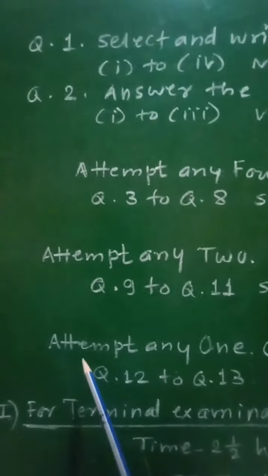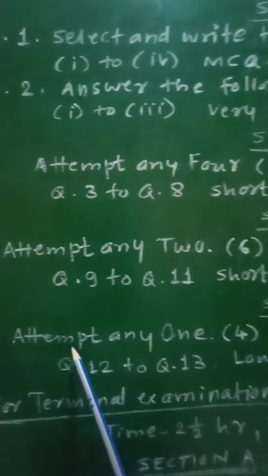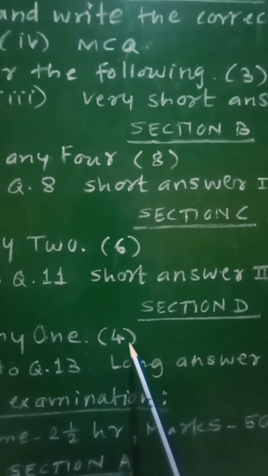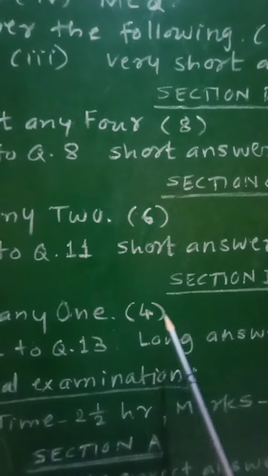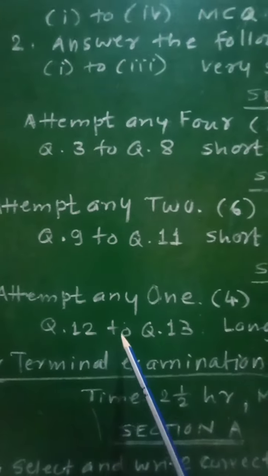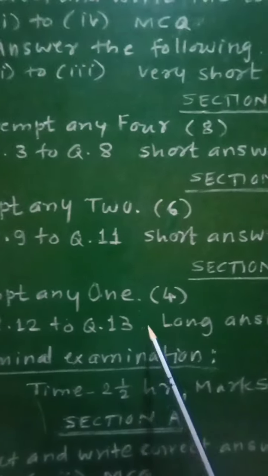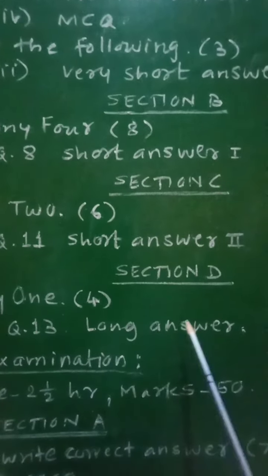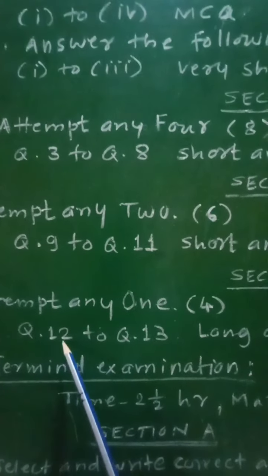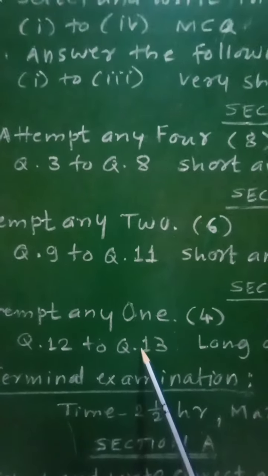In it, attempt any 1, and it will carry 4 marks. It will include question number 12 to question number 13, which will be long answer type questions.